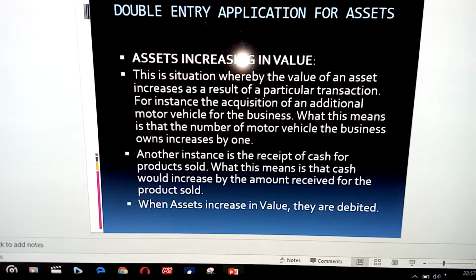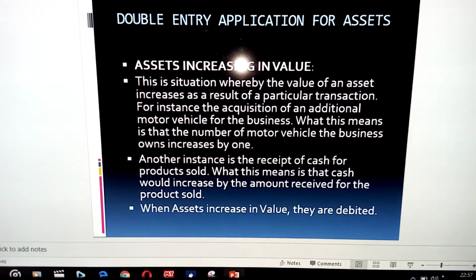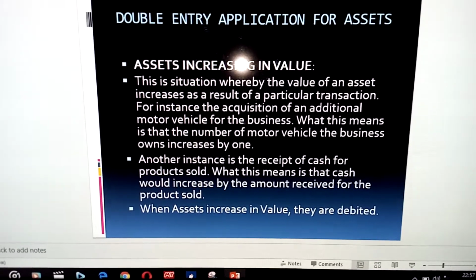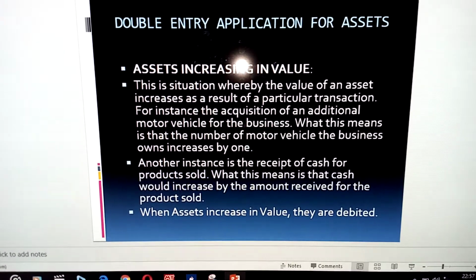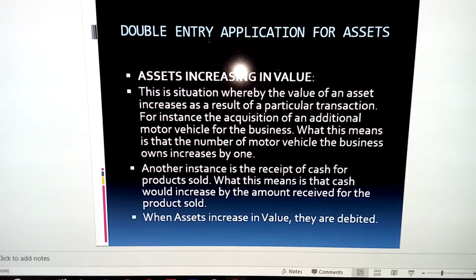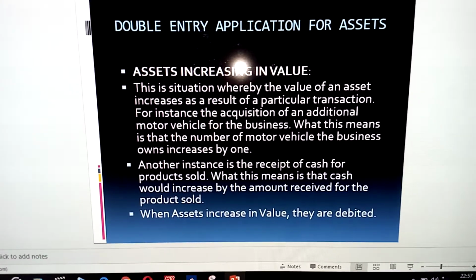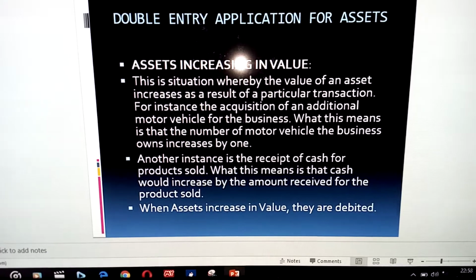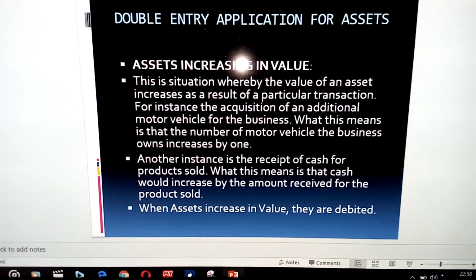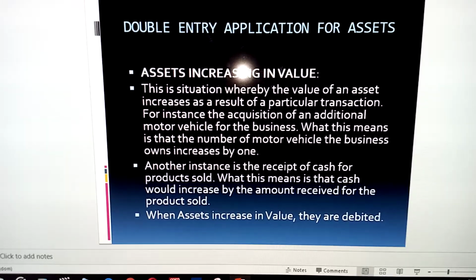The cost of vehicle in the business will increase by the new one that has been purchased. So when assets increase in value, the double entry application is a debit. So what I'm saying is when assets increase in value, they are debited.